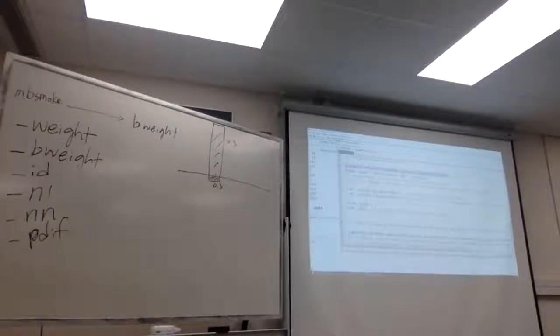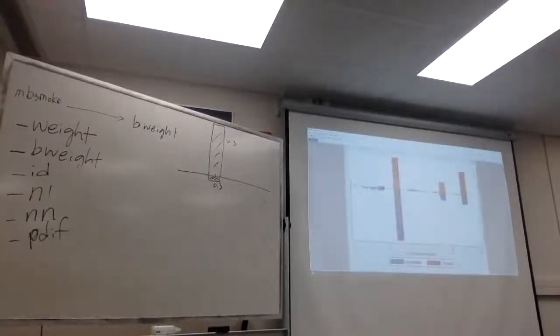This can also be guessed by looking at the PS graph that we just looked at. This is more direct evidence, and PDIF is also another way of looking at direct evidence for common support.